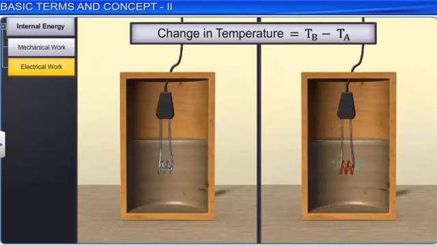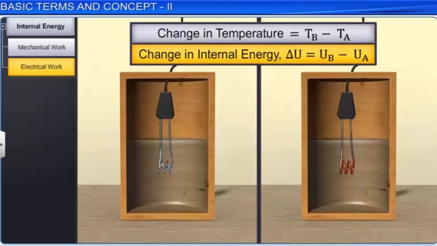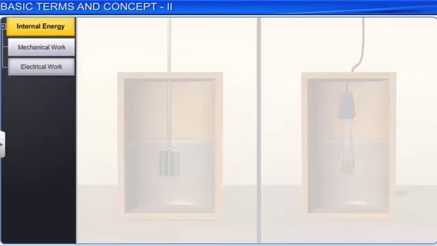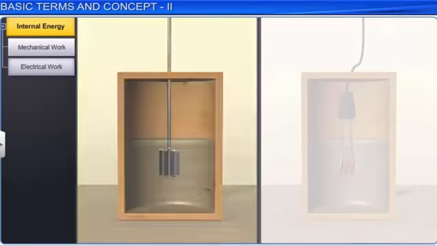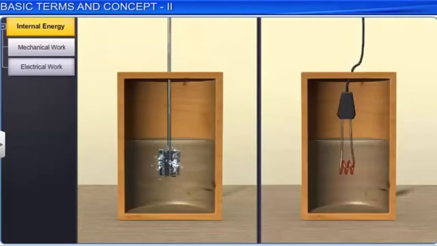Hence, the change in internal energy, delta U, equals UB minus UA. Thus, internal energy changes to the same extent either by doing mechanical work or electrical work, which indicates that it is independent of the manner in which the change is brought about. Therefore, internal energy is a state function.